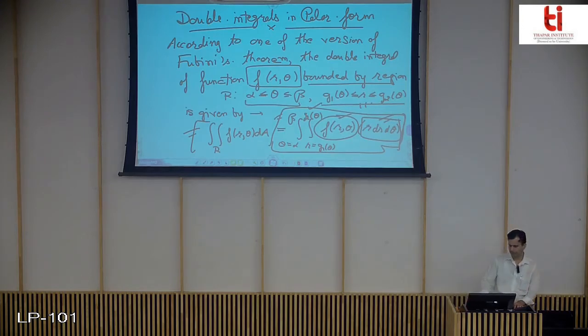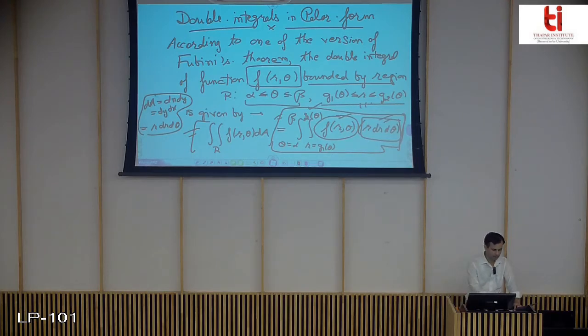I have a full proof of how you got this dA, which you were earlier writing as dy dx, equal to r dr d theta in polar coordinates. We are not going for the proof, we are just considering this result, and we will use it as such in the question.